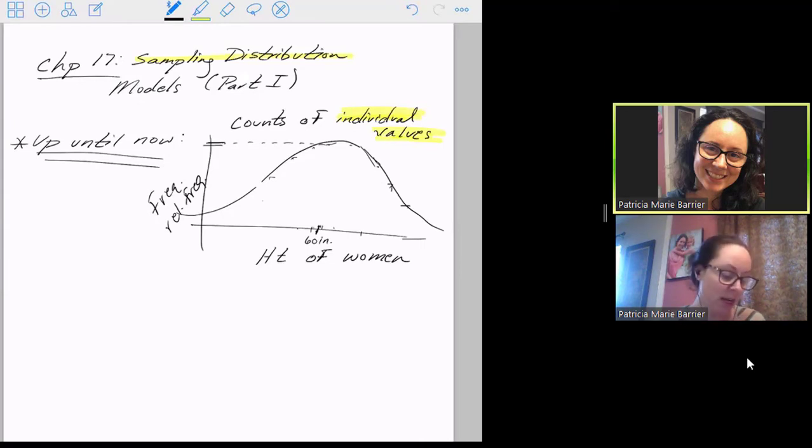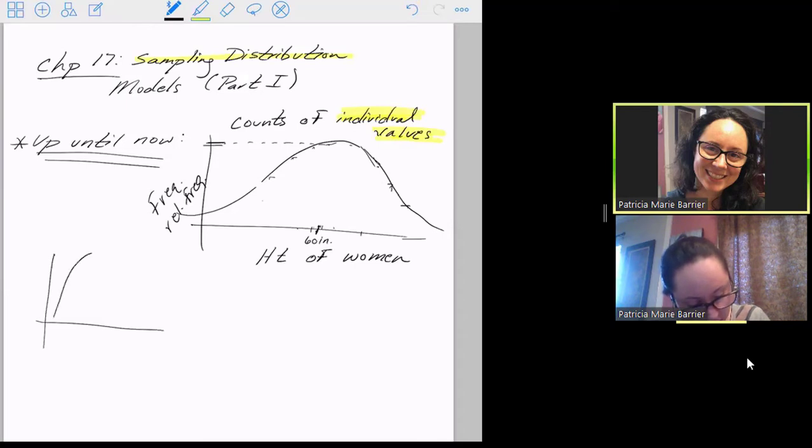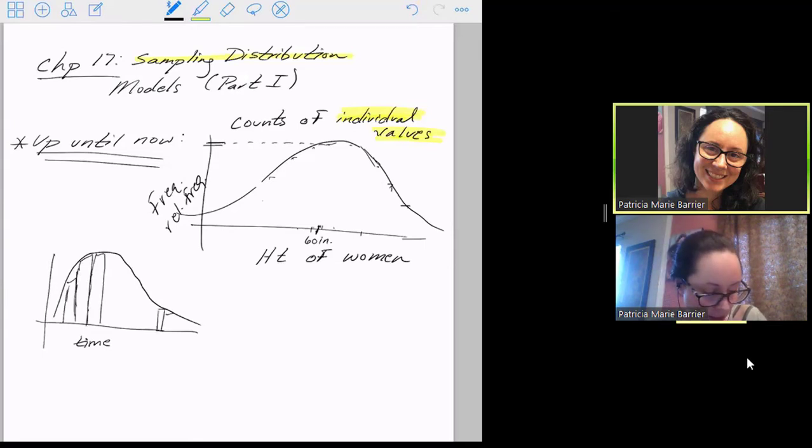So if I were looking at something, for example, like people's activity on social media for some given post, I may actually end up having this type of shape. I may have something where in the beginning, if time is on the x-axis, there's a lot of time spent on this post. And then as time progresses, there's less and less time spent on whatever the social media post is.